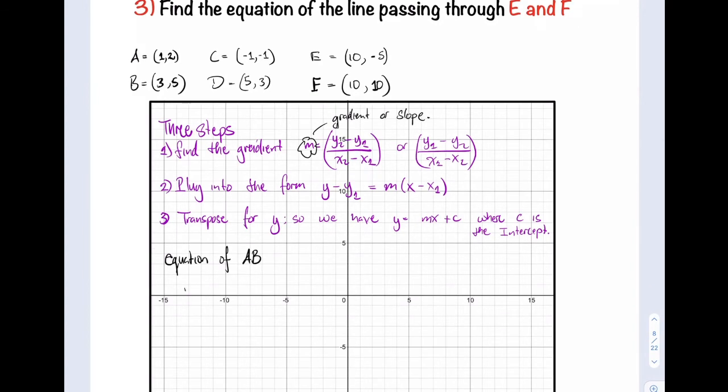So let's find the gradient. Let's look for m of AB, which is equal to 2 minus 5, divided by 1 minus 3. This works out to be negative 3 over negative 2, which is equal to 3 over 2.